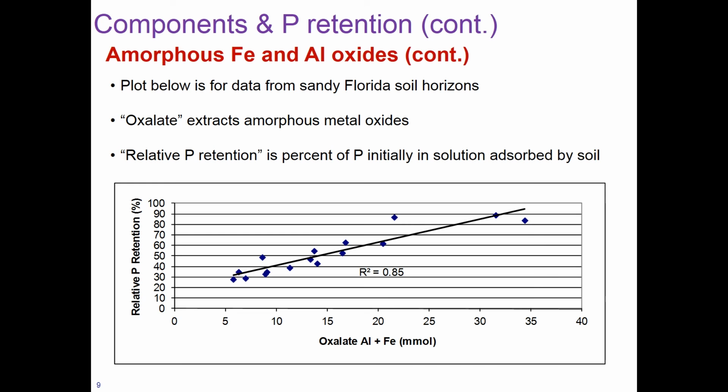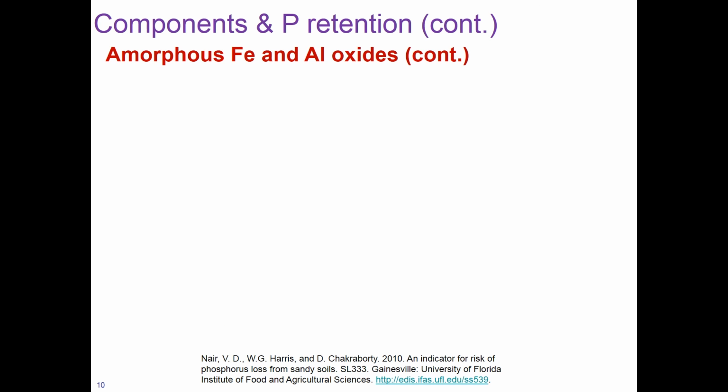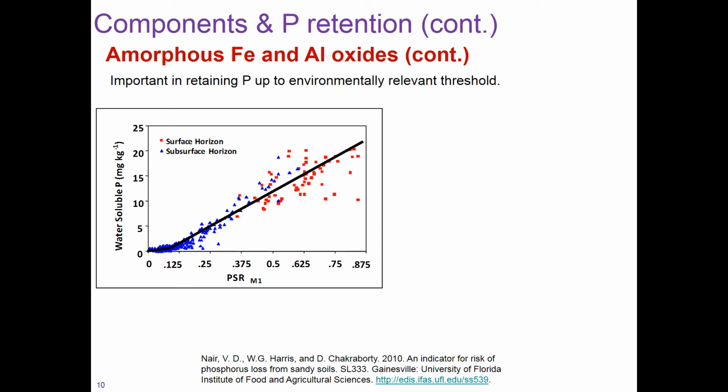And the relative phosphorus retention here on the y-axis is the percent of phosphorus initially in solution that is absorbed by the soil.